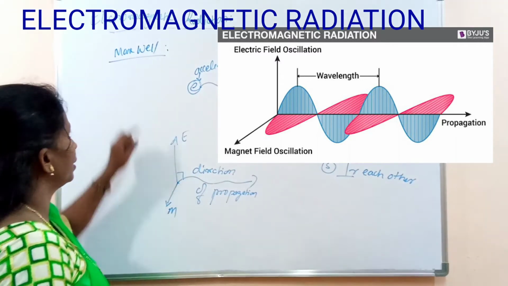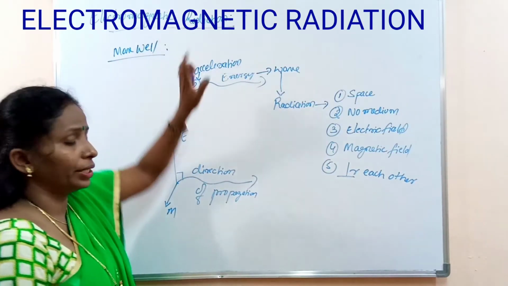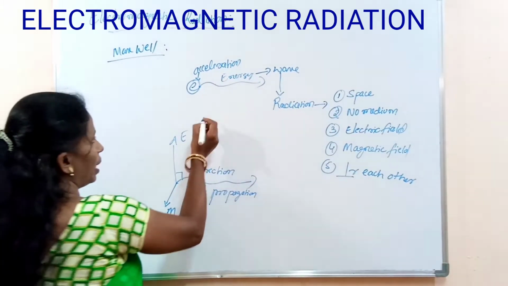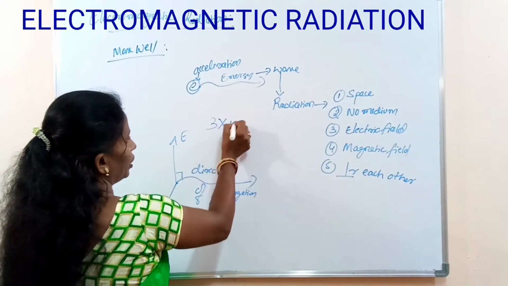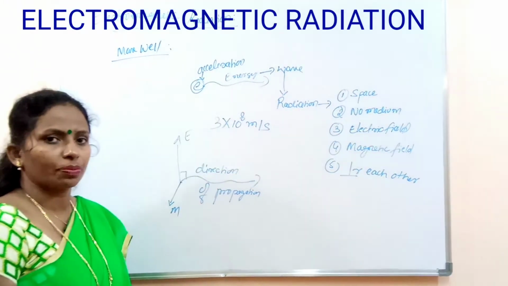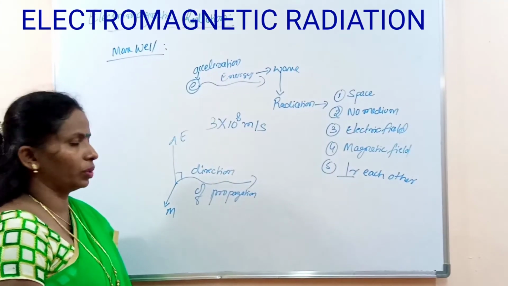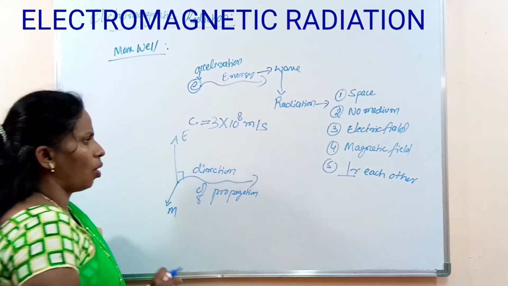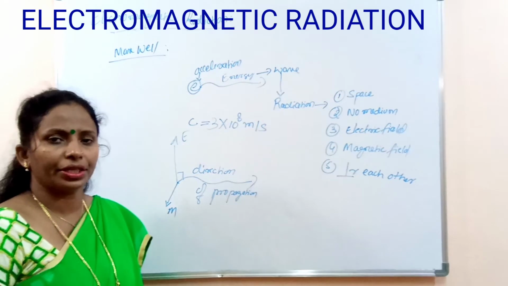Then these electromagnetic radiations always travel in space with velocity 3 into 10 to the power of 8 meter per second. That is c, a constant.